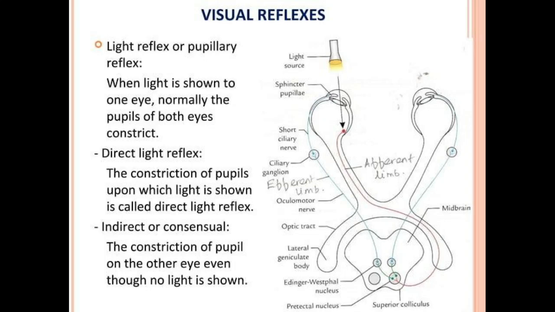The brain then sends signals to the muscles in the iris, which control the size of the pupil. In bright light, the muscles constrict the pupil, reducing the amount of light entering. In dim light, the muscles dilate the pupil, allowing more light to enter the eye.